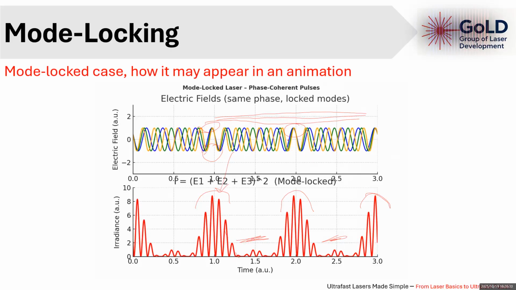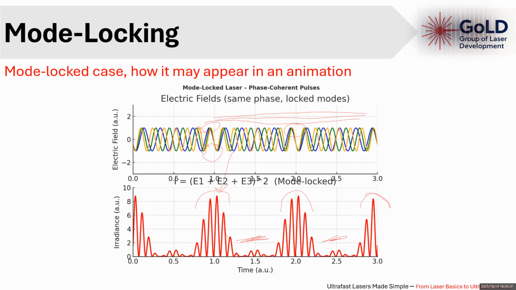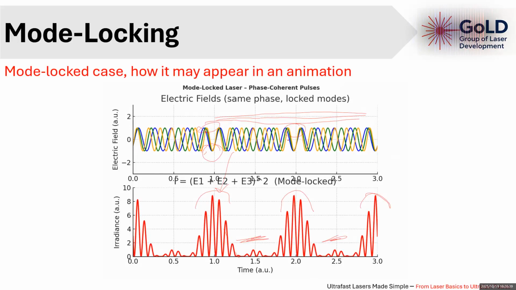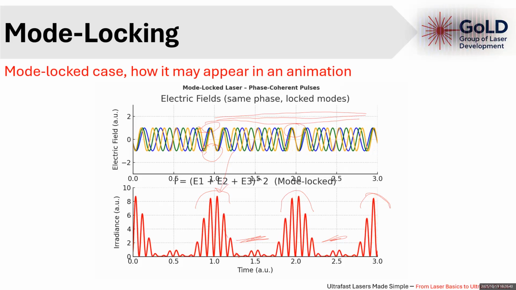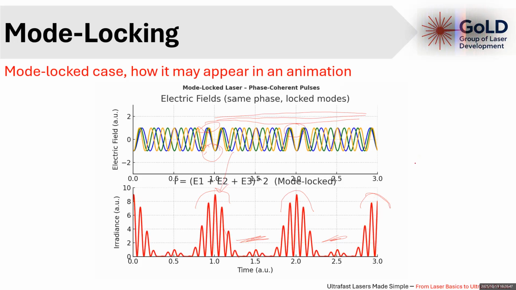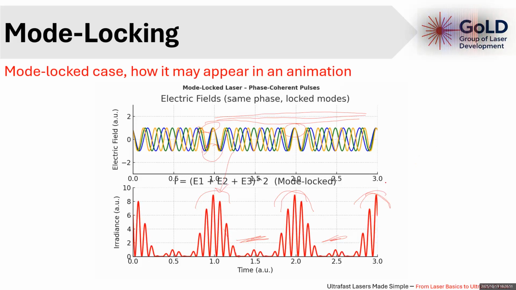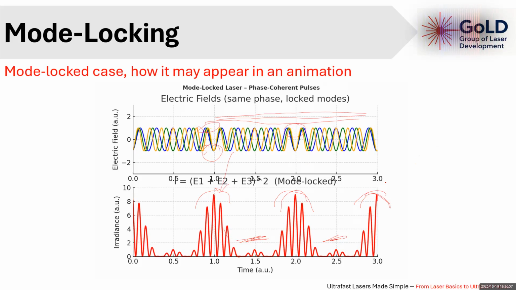We make such an arrangement in the cavity, we use different devices so that this happens at regular, equal intervals of time. So this is the locked pulse. And I hope you understand the difference between the locking and unlocking.